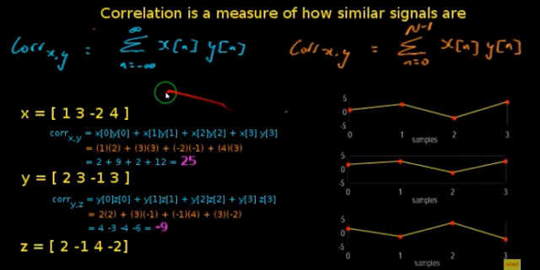Well, we introduce this formula for the correlation of the signal X and signal Y. And it says that we just have to multiply the xn and yn together, and sum them, and we will have the correlation.